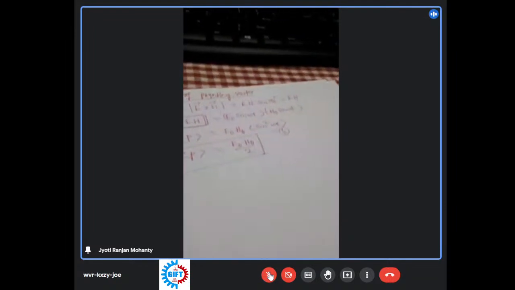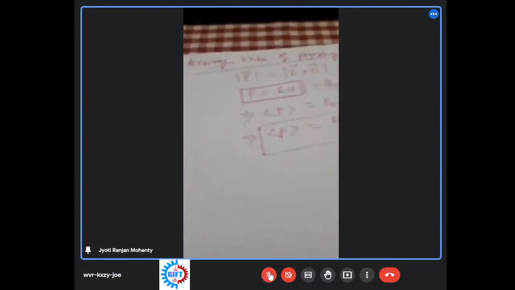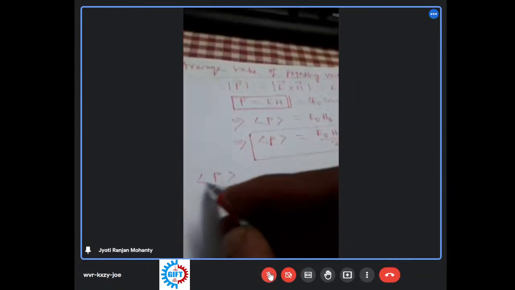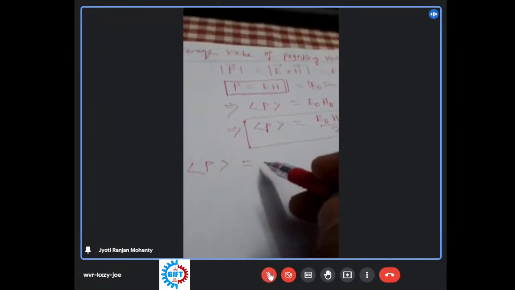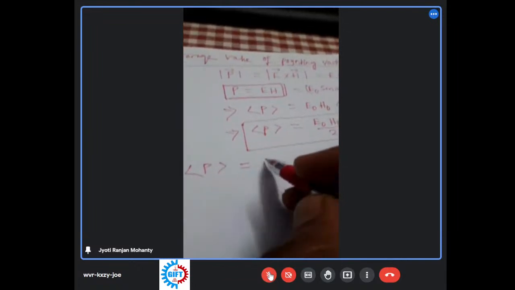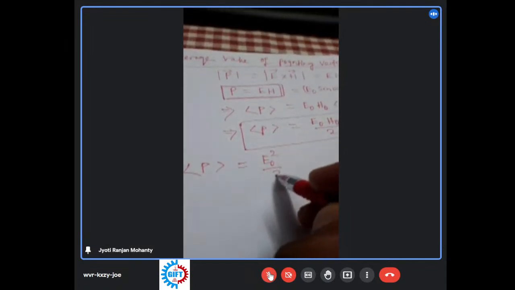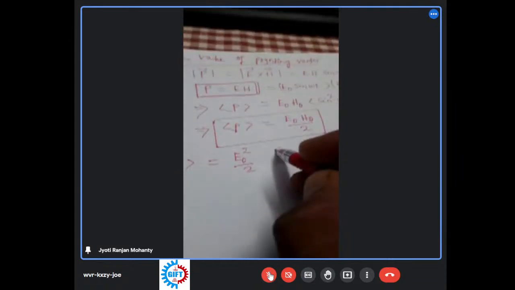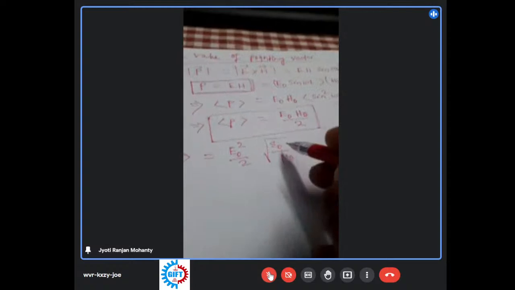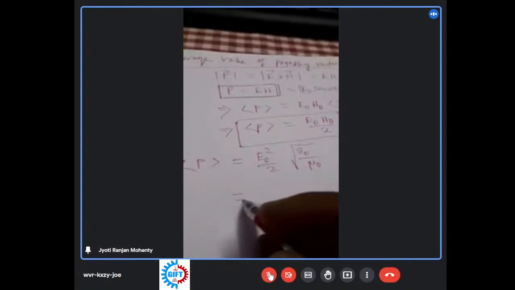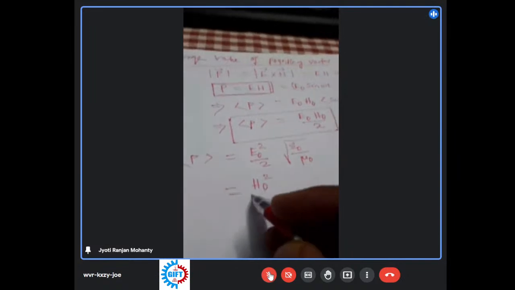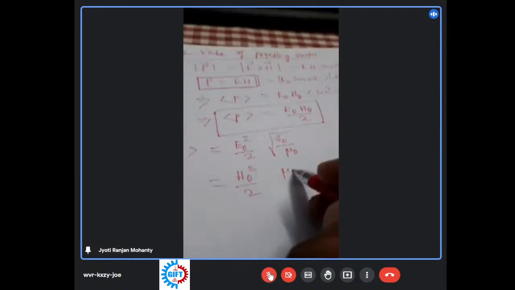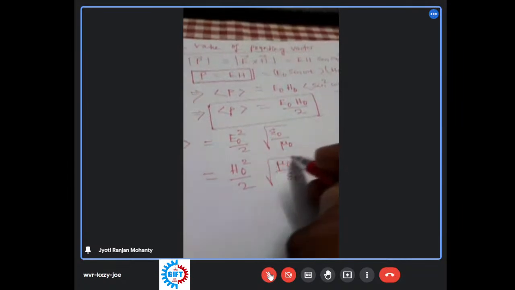Again, another formula, directly I want to write. So the average value of the Poynting vector is equal to E0 square by 2 into epsilon naught by mu naught under root, and another formula is H0 square by 2 mu naught by epsilon naught under root.